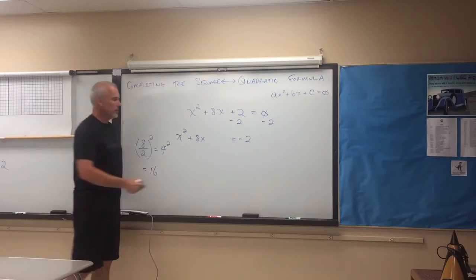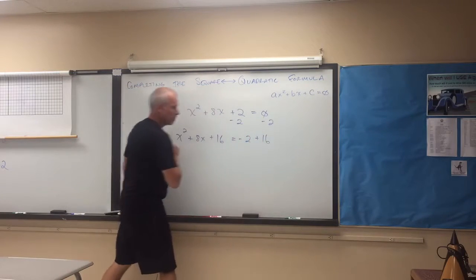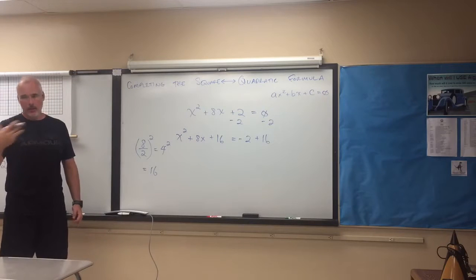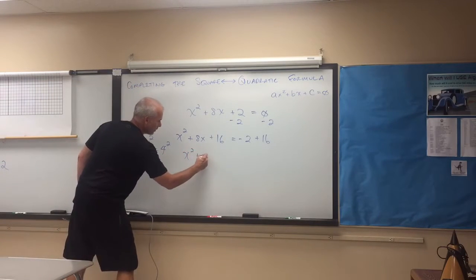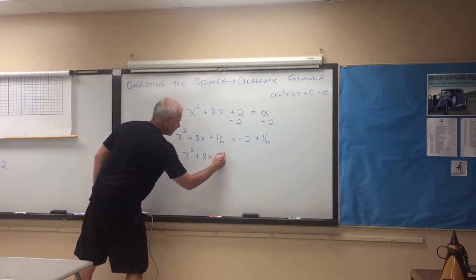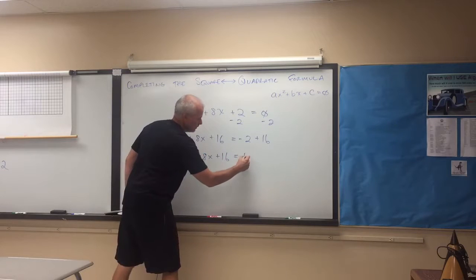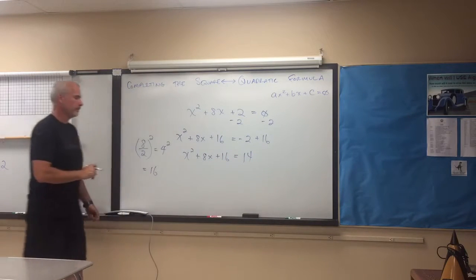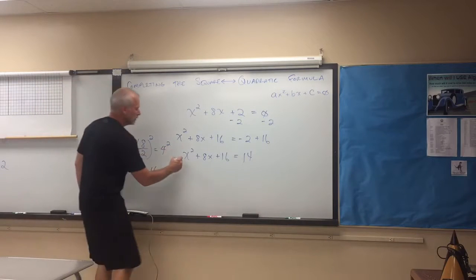And now I'm going to add 16 to both sides. I know it's a little bit to do, but we're going to rewrite it at every step. And 16 minus 2 is 14. So now we have completed the square.